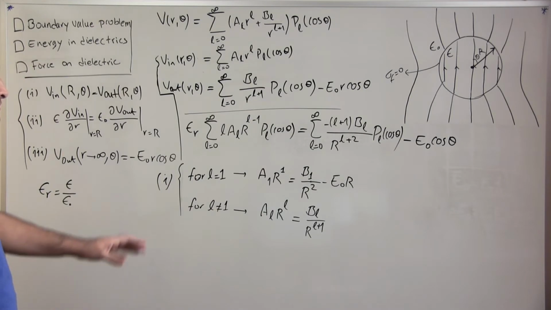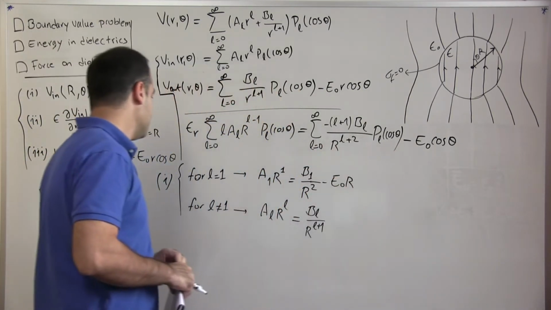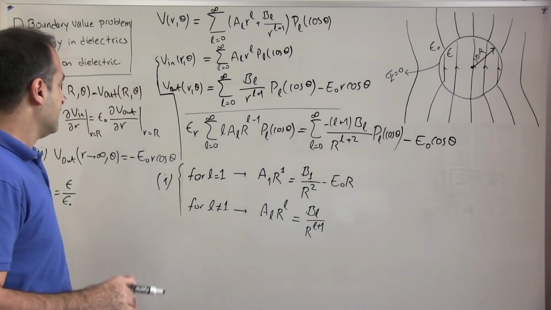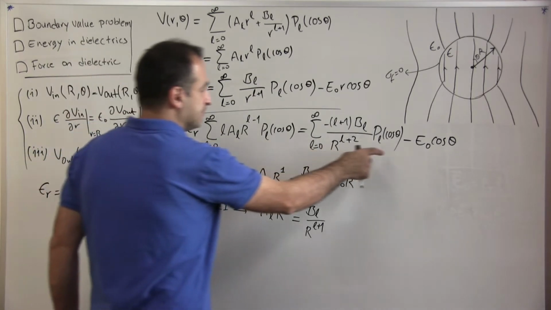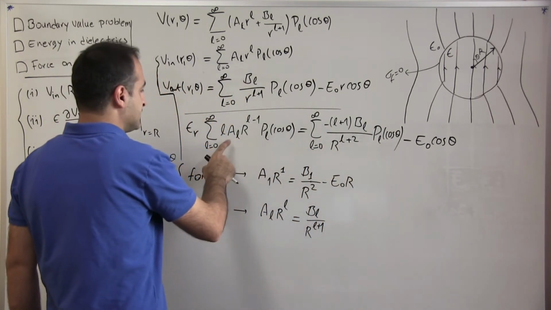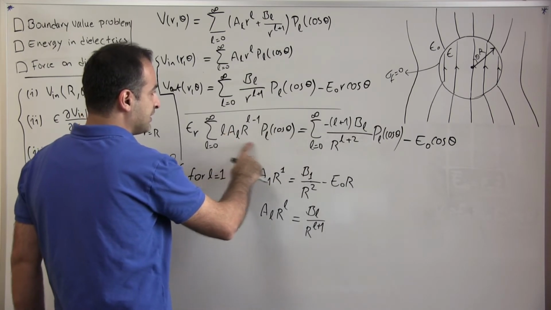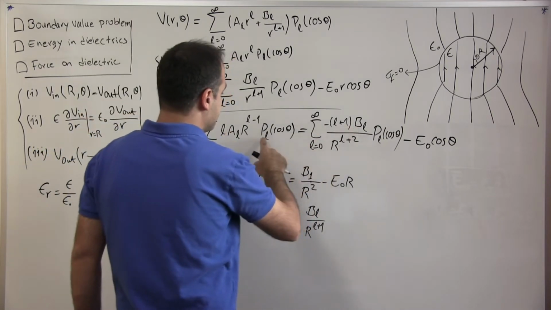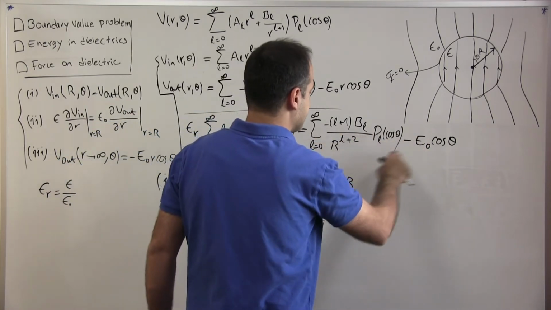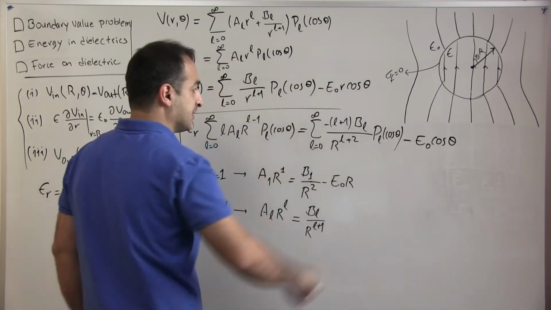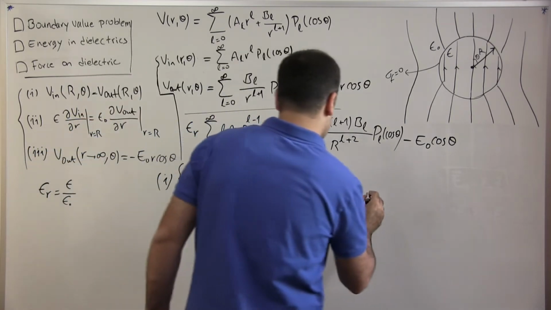And now the same thing goes here. We can look at L equals 1 and come up with a relationship that tells us what should be the relationship between A_1 and B_1. P_1 cosine theta cancels out on every term because that's just cosine theta, so we can get rid of that. So for L equals 1, we get another equation.